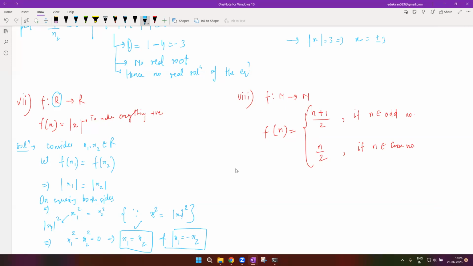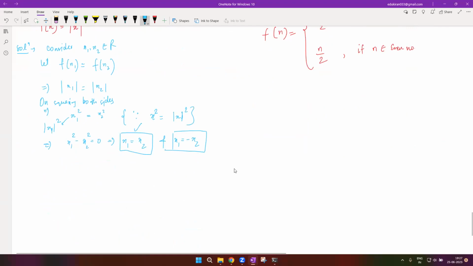And when more than one solution is valid, then we call that function many one. The given function is many one, but we have to prove that.